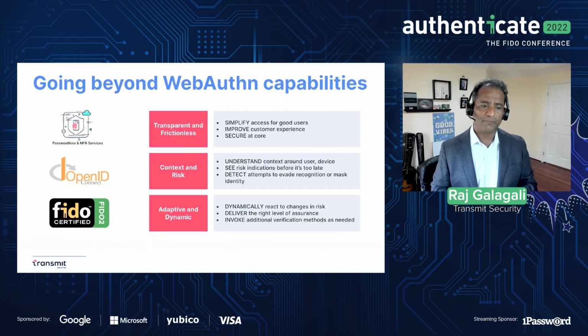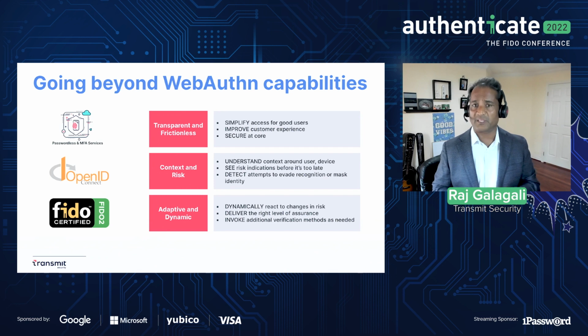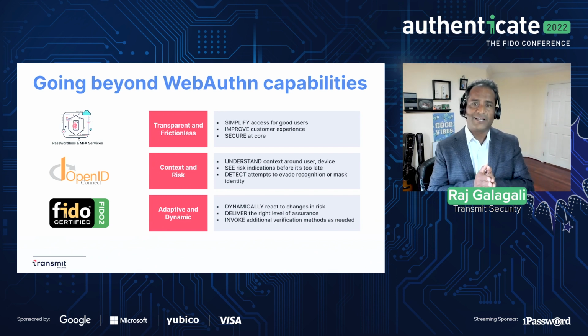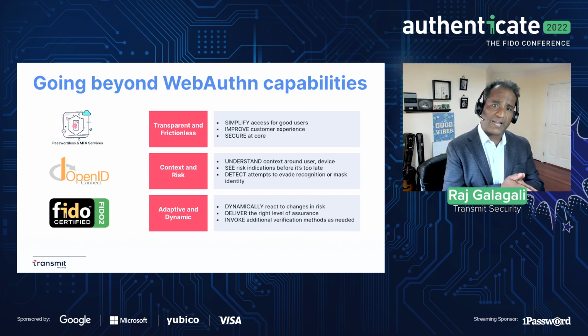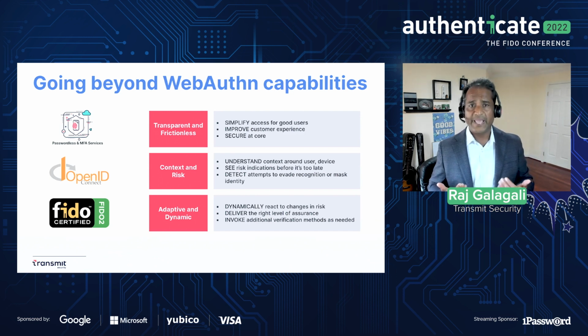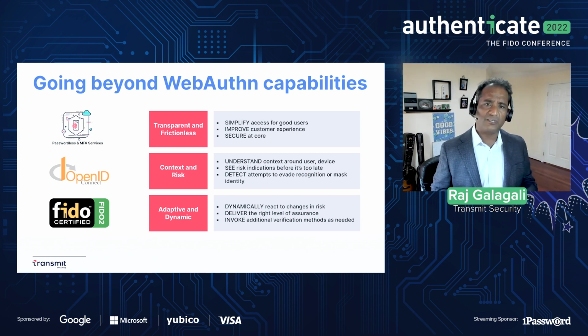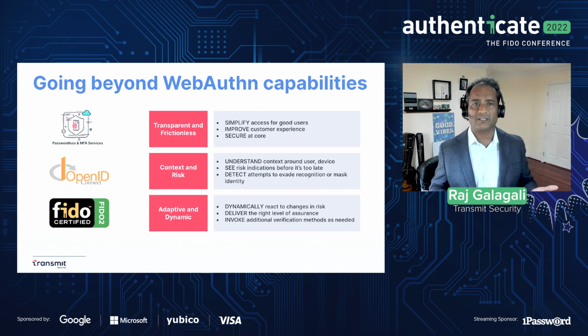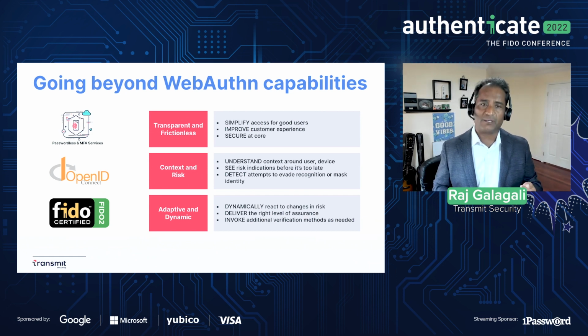Or in other words, you need to be able to go above and beyond WebAuthn. What do I mean by that? Three simple things. You want to make sure that your implementation takes into consideration the user experience by being very transparent and frictionless. You want to make sure that you invoke these authentication methods based on context and risk, or you need to be adaptive and dynamic.